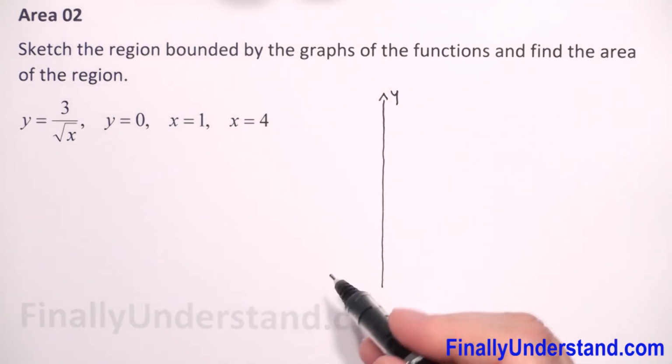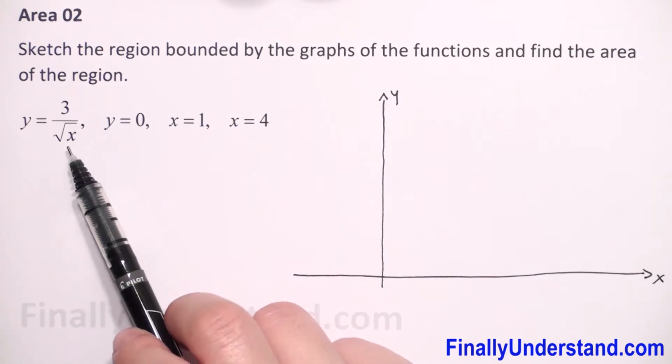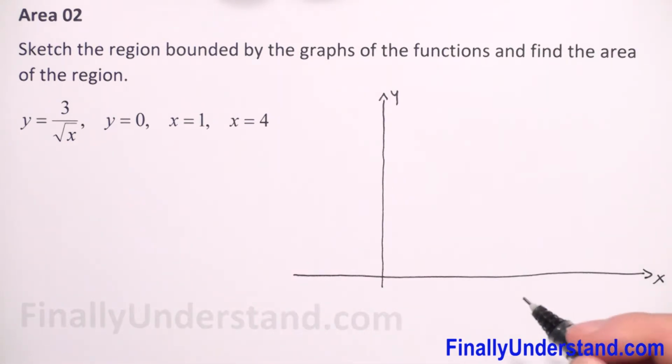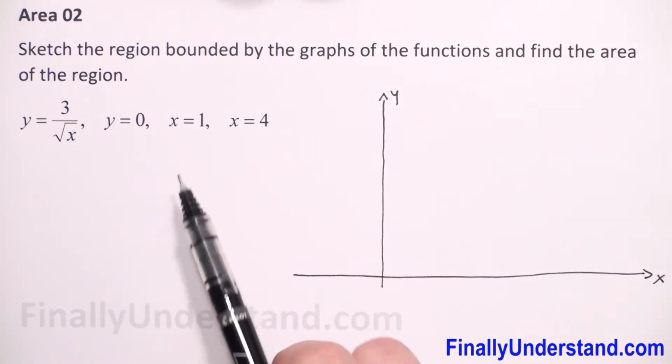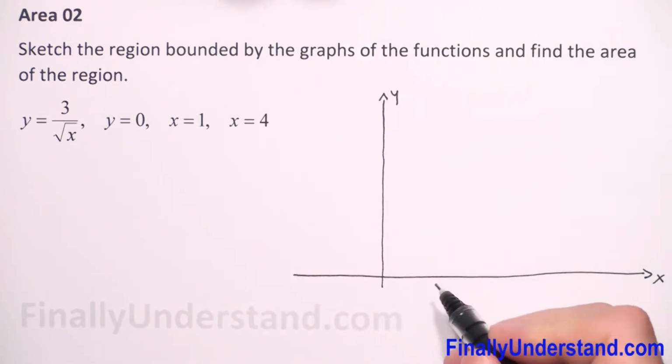This is our y-axis, x, and let's choose numbers for which we can very easily calculate the square root. First I will choose the unit, because here we have x equals 1 and x equals 4.